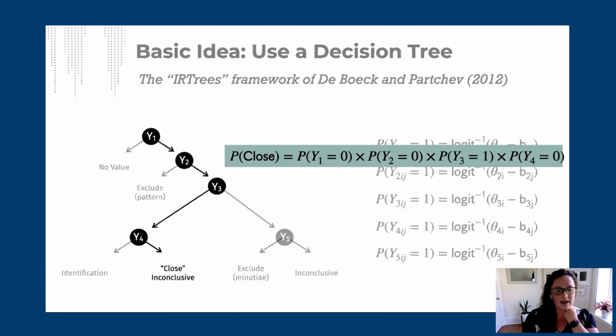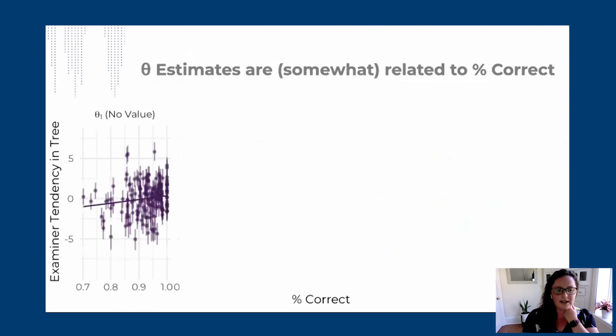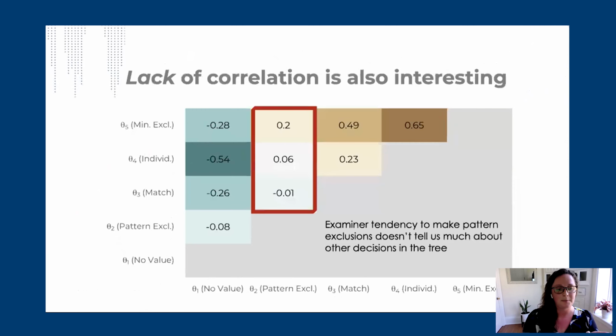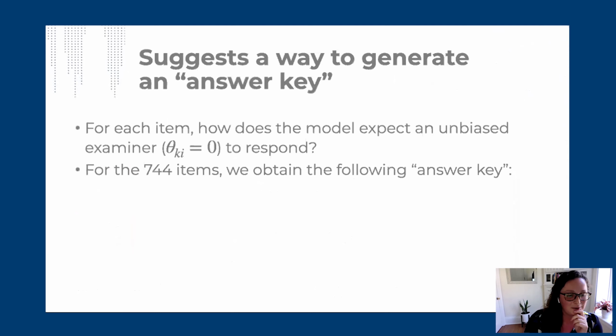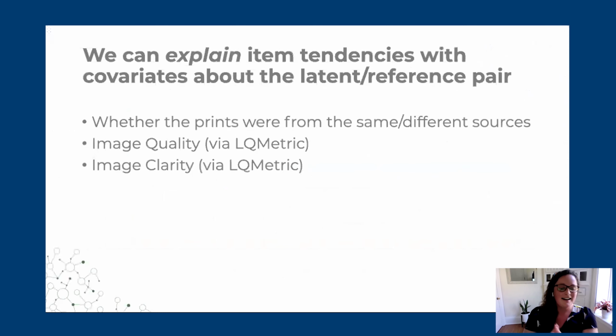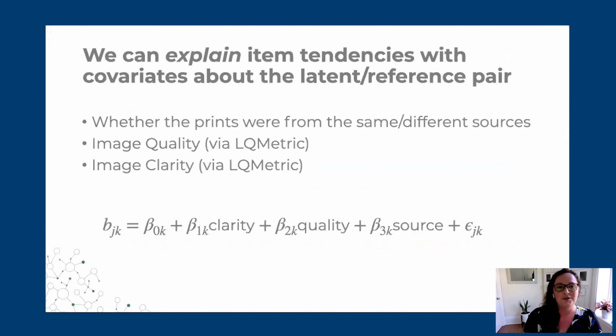There was overall quality, overall clarity. Sorry, I'm just trying to scroll to the right place. I apologize if I'm making anybody dizzy. And so there were also two for estimates of VID or VIO, and those are the two that I didn't use. So these image quality and image clarity are the overall measures from the LQM software.